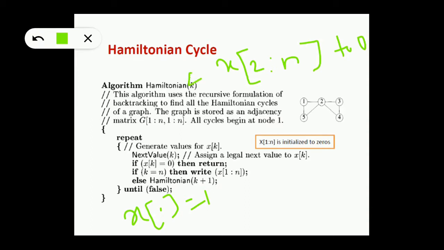We always set x of 1 equal to 1 because we want to get distinct cycles. So we fix the source to be vertex 1.